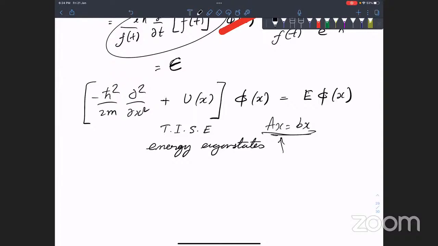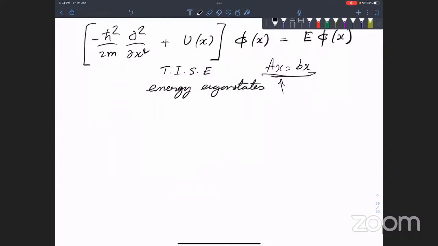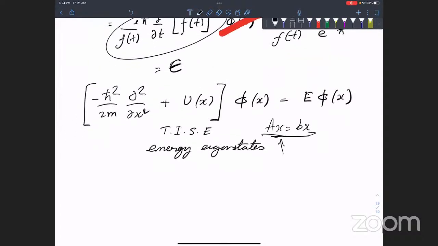That's it. Now once we know this, you can ask me, what are the possible values of psi of x? Well, maybe before that I need to tell you this answer. So I hope this much is clear.